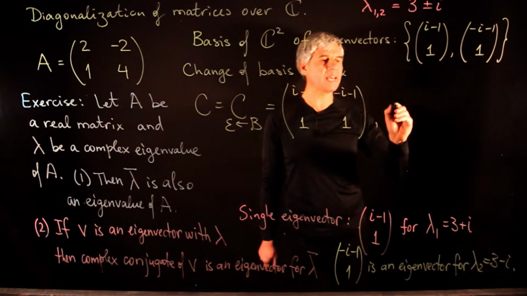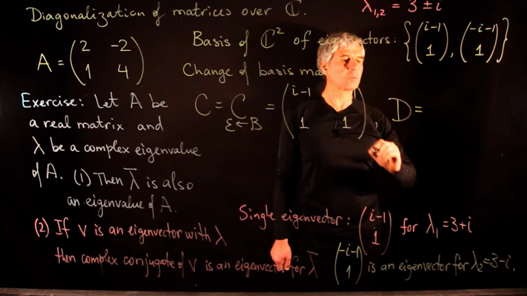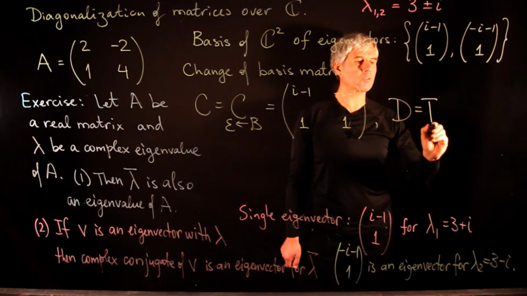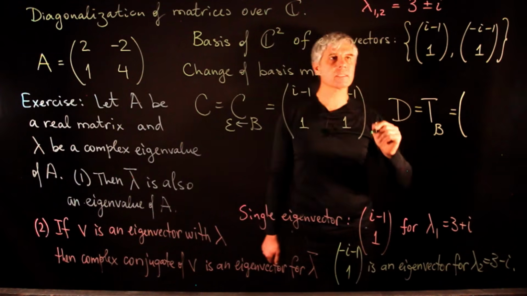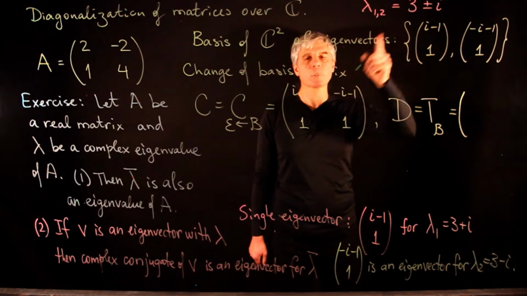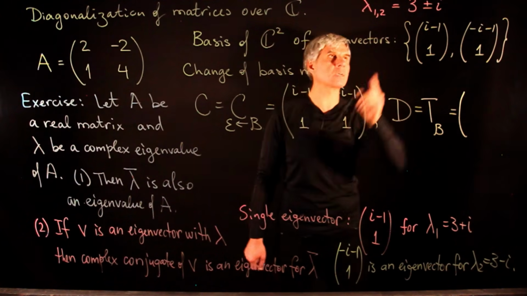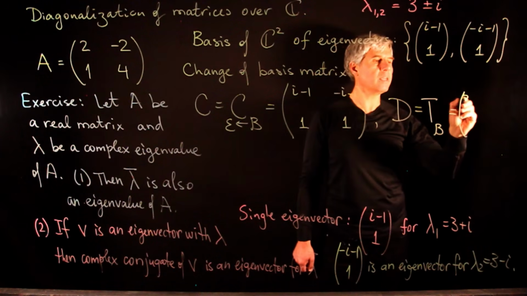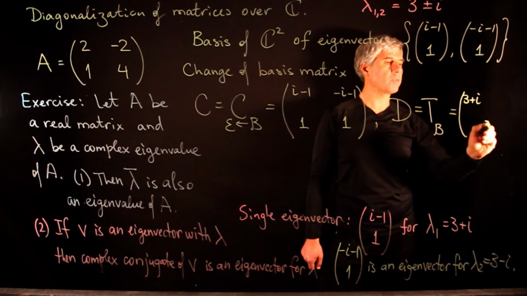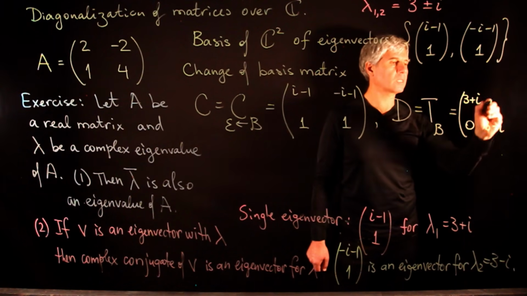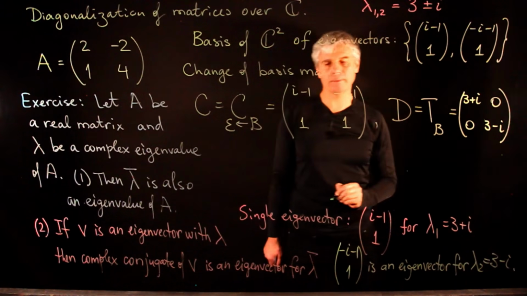And we also have the diagonal matrix, which is the matrix of our transformation in basis B. This diagonal matrix has corresponding eigenvalues on the diagonal. So the first vector has eigenvalue 3 + i, and the second eigenvector has eigenvalue 3 − i. So this is the diagonal matrix that we have.